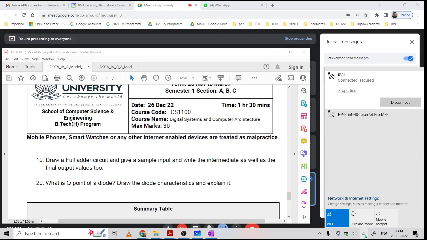So finally, the full adder circuit is taken from section 2.2, and then let me explain what is expected of you. One second. Let me open 2.2.